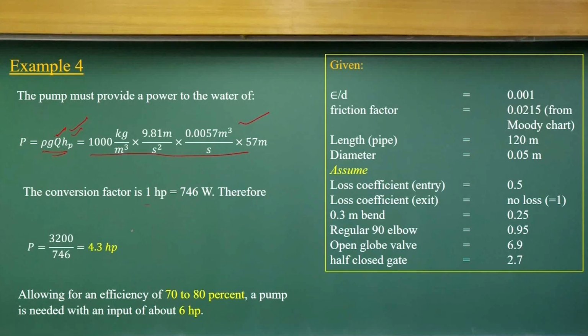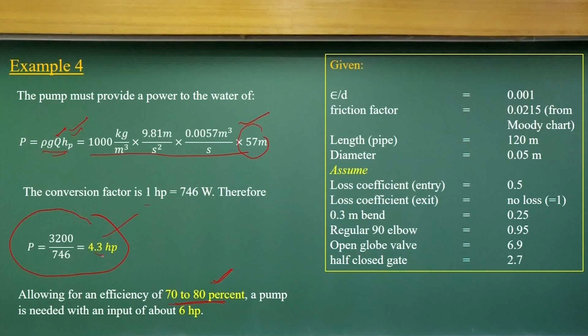In terms of horsepower, we get 4.3 HP is necessary to lift the water up 57 meters. And if I consider any pumping center, we have efficiency of 70 to 80%. You cannot have 100% efficiency.